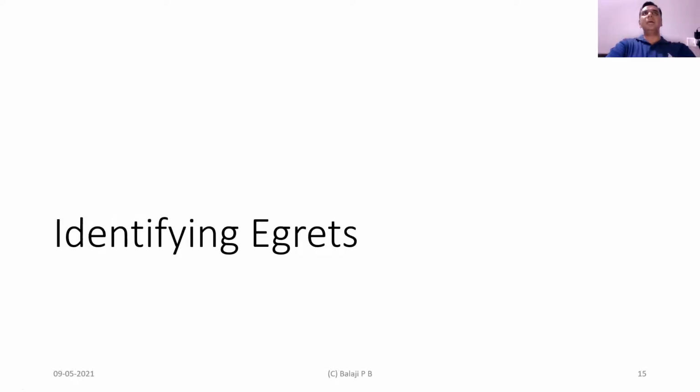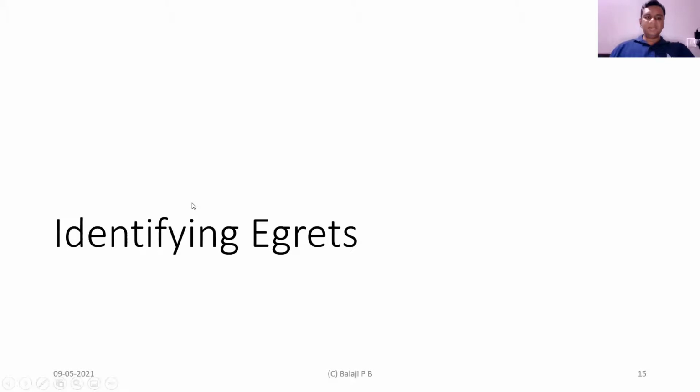We tend to ignore the egrets because they're all white and sort of boring birds to look at. But if you really look at the intricacies of identifying them during the breeding and non-breeding plumage, by the end of the presentation you will appreciate it can be quite challenging to identify the egrets as well.